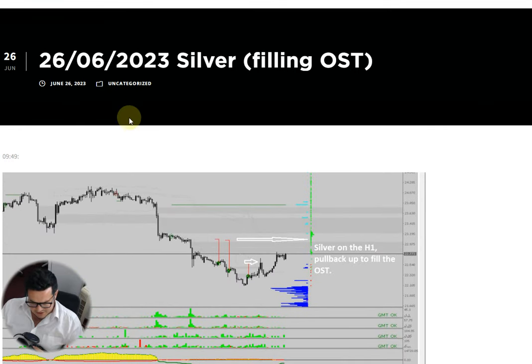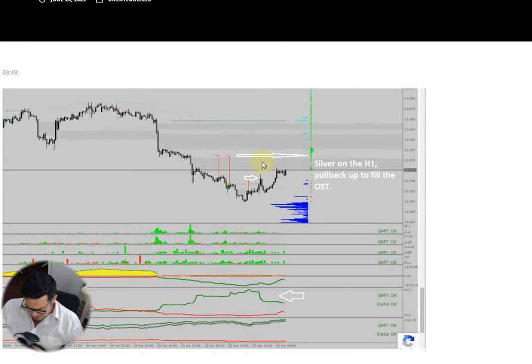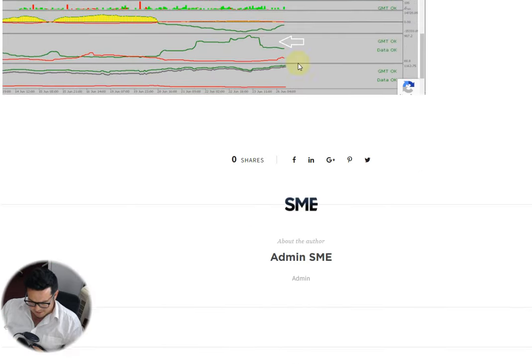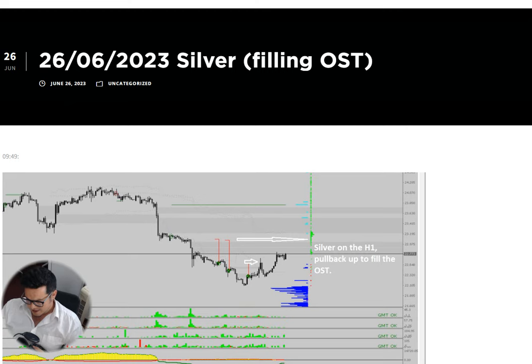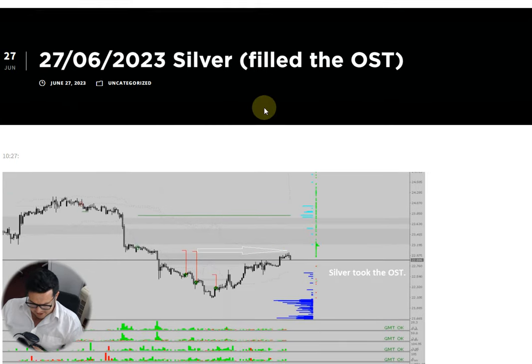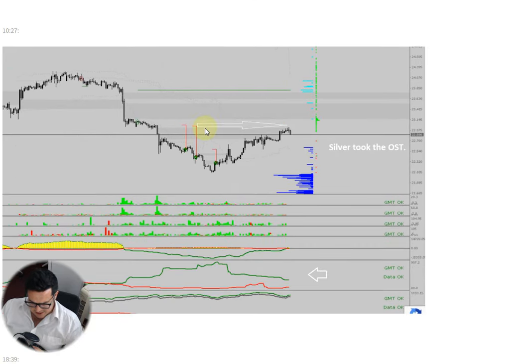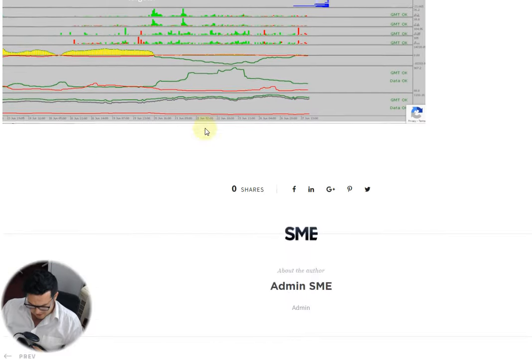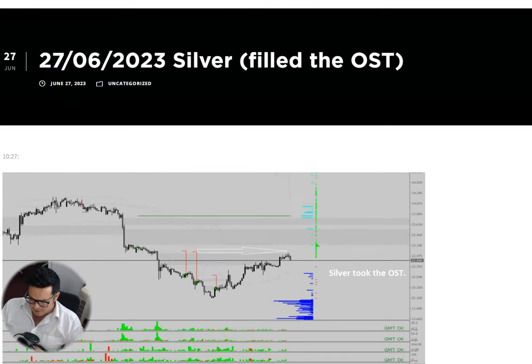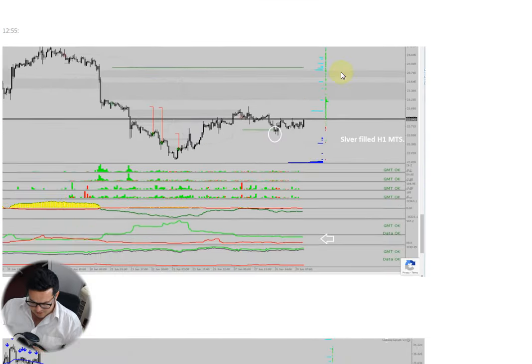Okay, let's continue. Silver on the 26th of June, with the open option strike targets there. Some longs are leaving the market. And then in the end, with the option strike targets getting filled, it was a little bit more tricky compared to gold. And then they took the medium-term stop, which started to emerge below the price.